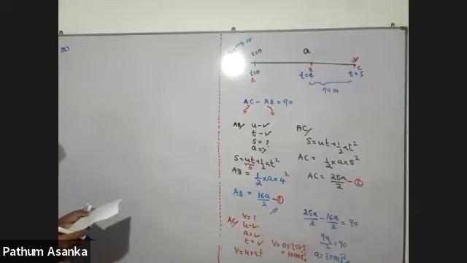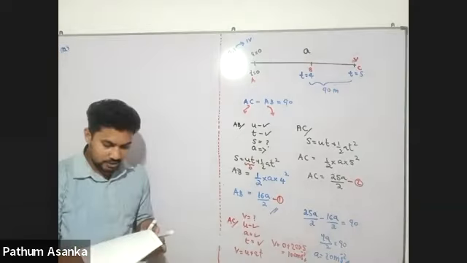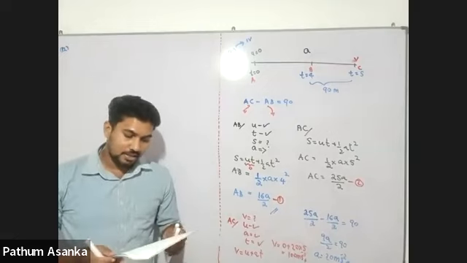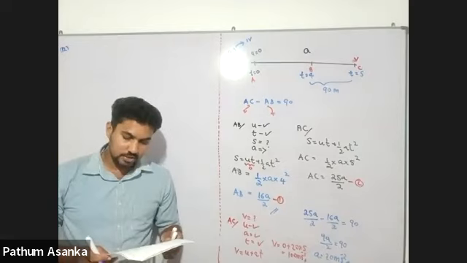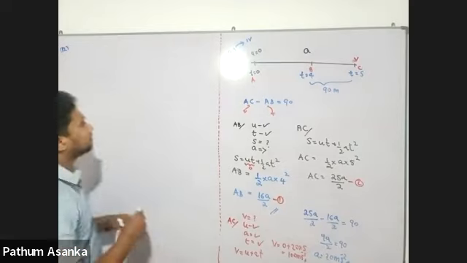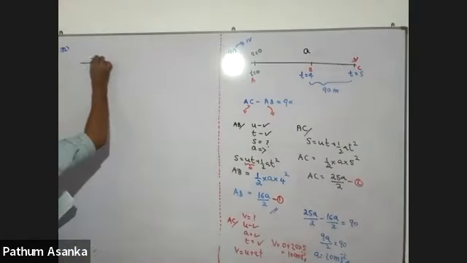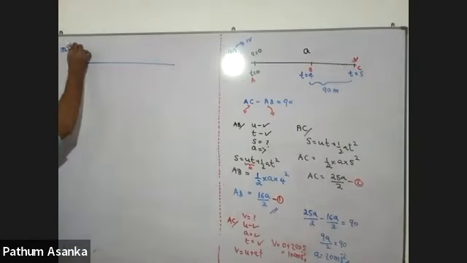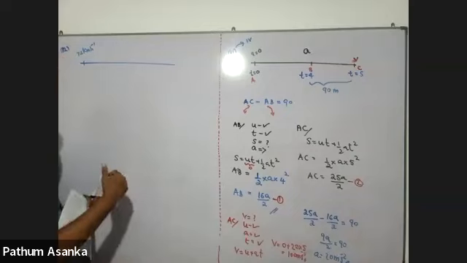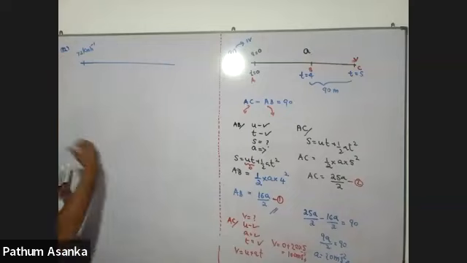In the 12th question, a car traveling at a speed of 72 kilometers per hour experiences a uniform deceleration of 2 by applying the brakes, right? So this is the initial velocity. Due to apply of the brake, this velocity is gradually reduced, right?